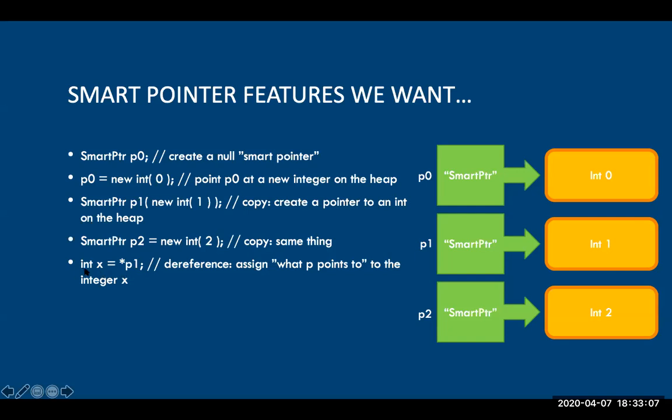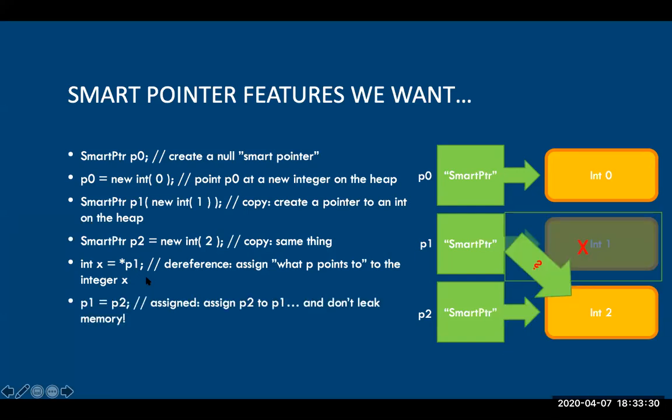So when we look at code, it looks like we're saying, oh, int x equals what's at the smart pointer P1. Well, smart pointer P1 is pointing to the integer 1. So it gives us what we want, even though we've gone through this process of creating a class that actually mimics what the pointer is doing, right? And the key bit there is we have to implement our overload for the star operator, right?